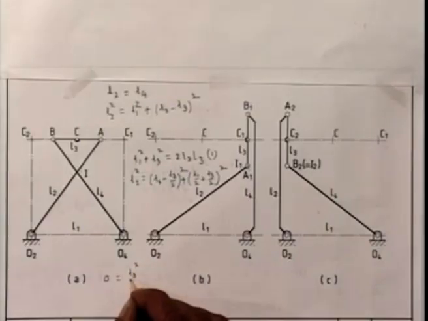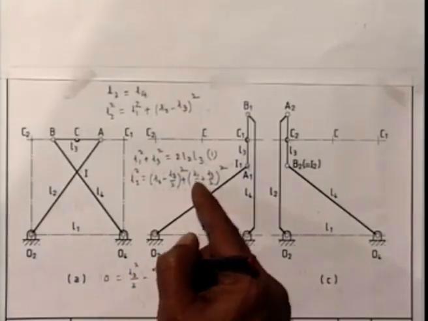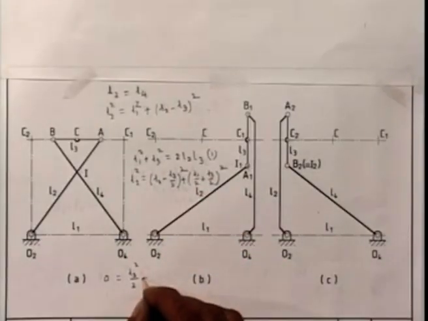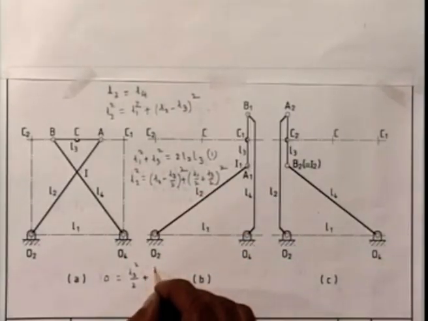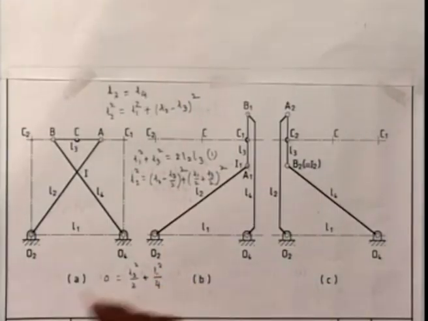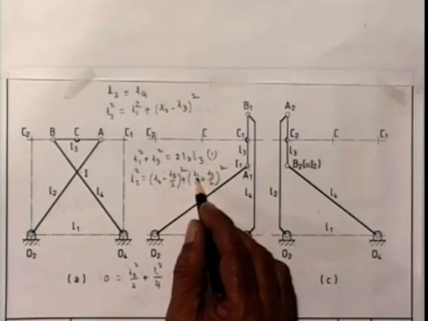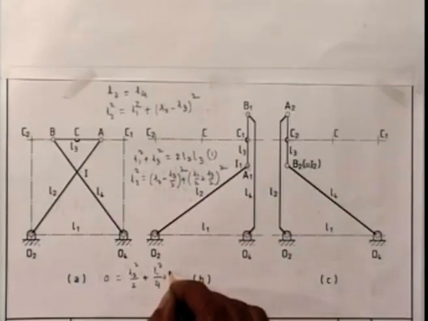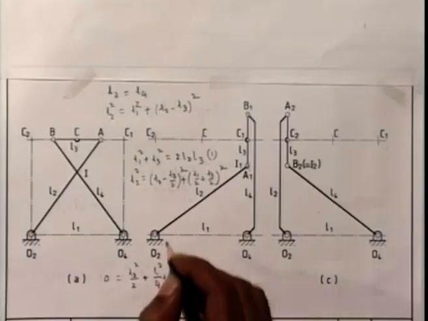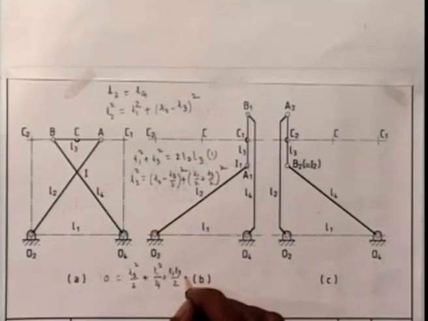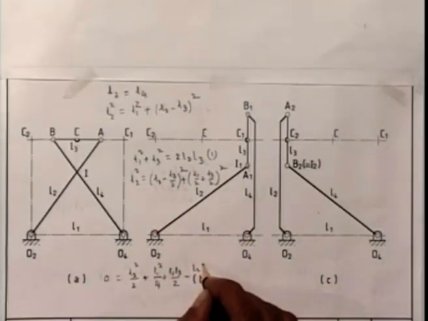L3 squared by 2 minus L1 squared by 4 plus L1 squared by 4 plus L1 L3 by 2 minus L2 L3.